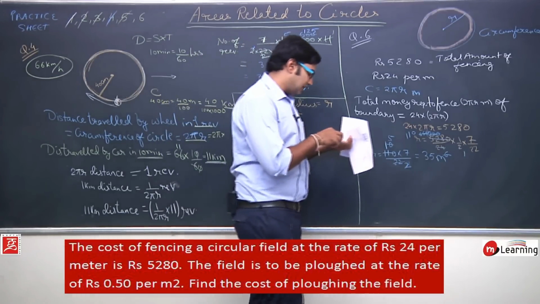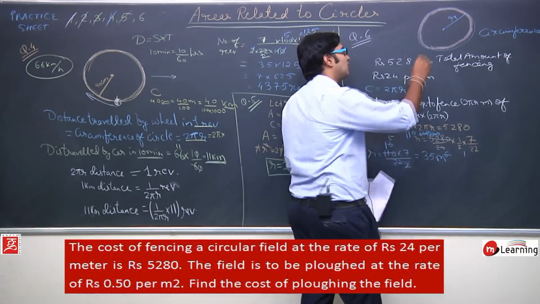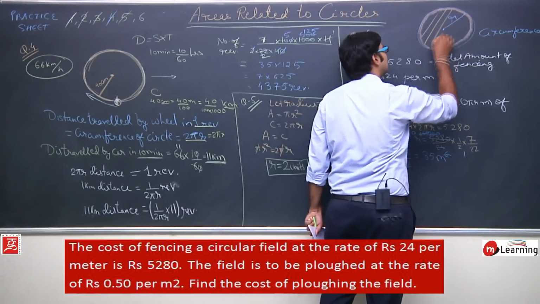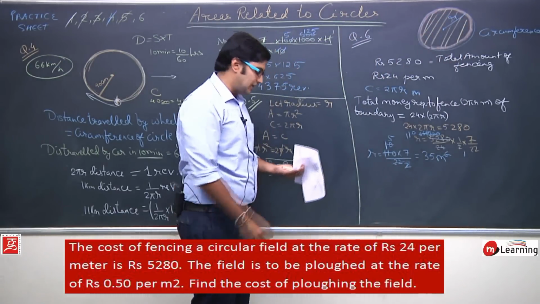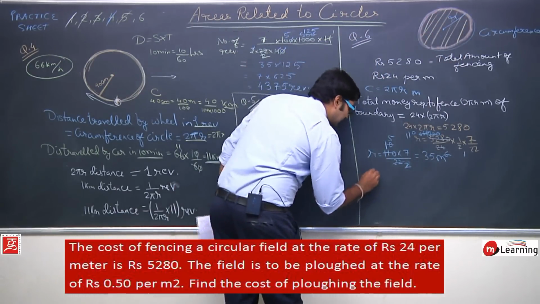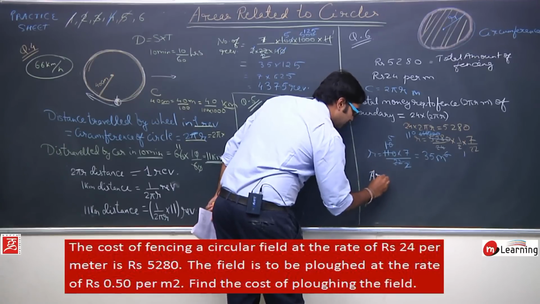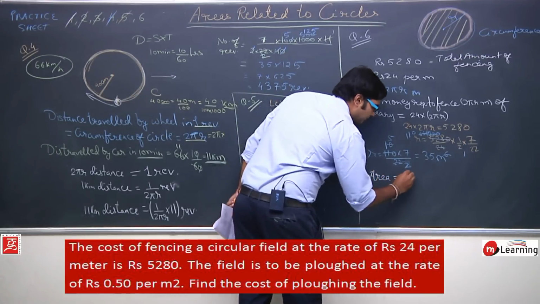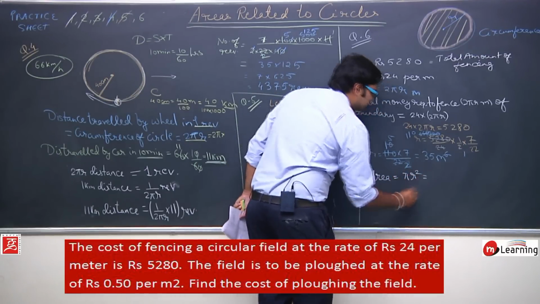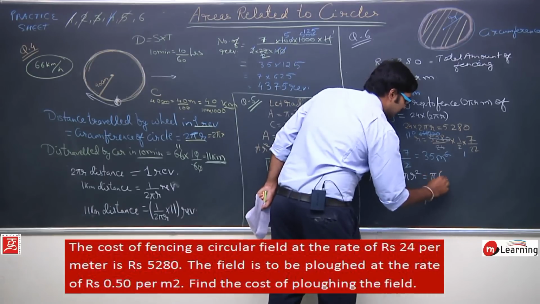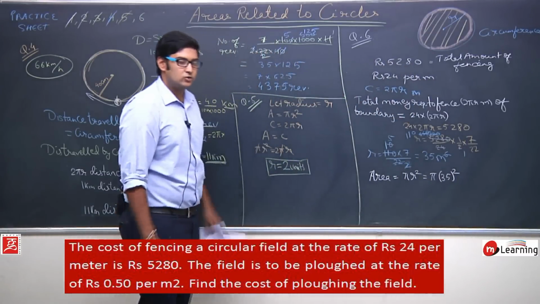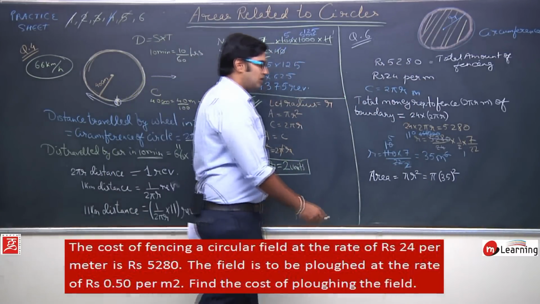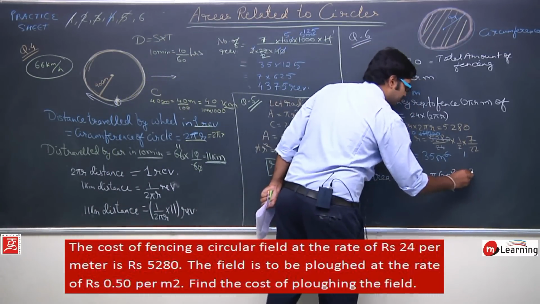I will say, in case of ploughing of this field, I require the area of this field. Area is equal to pi r square, which is pi into 35 square. This much is the area that I need to plough, and this is in meter square.